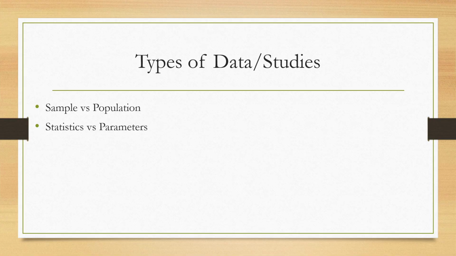I want to make decisions that are going to positively affect all of the women in that condition, even the ones I haven't studied. That is, I want to use information regarding the parameter so that I can make the best decision possible for all of the women. But that's not realistic to get. So I'm going to use my statistic, that value that is realistic to get, and try to make an educated guess as to what the parameter is.